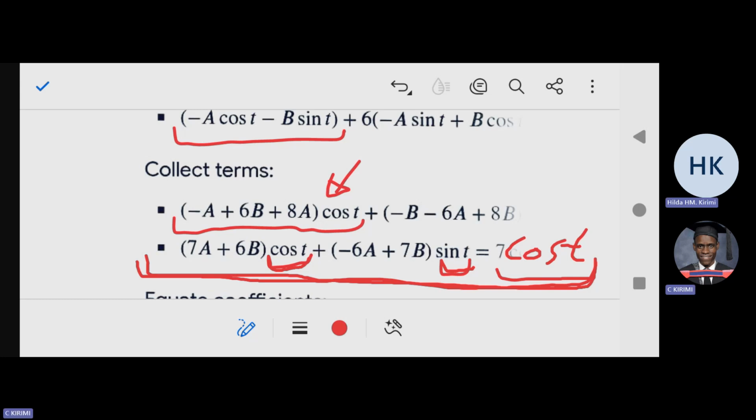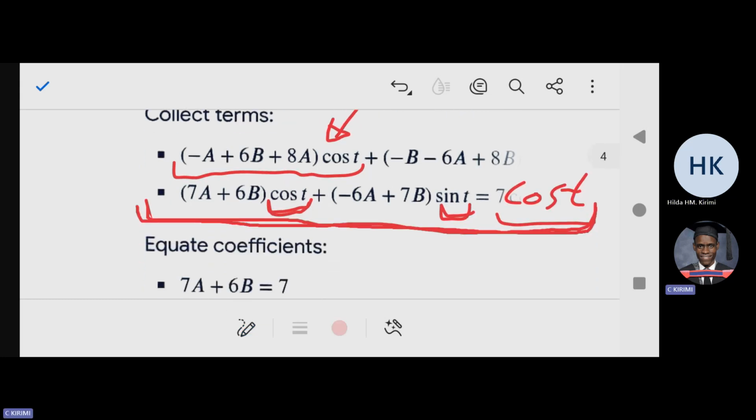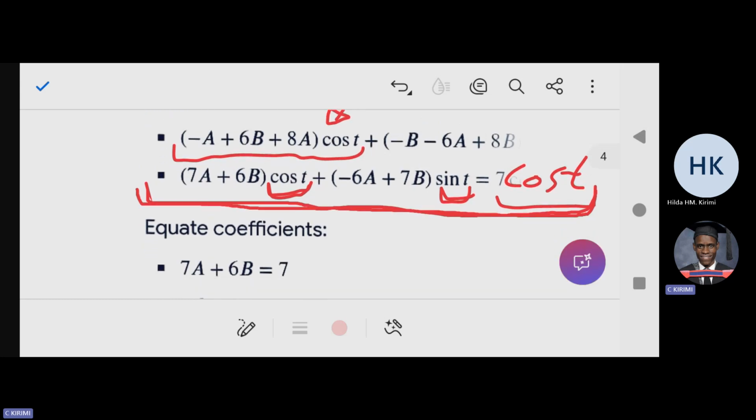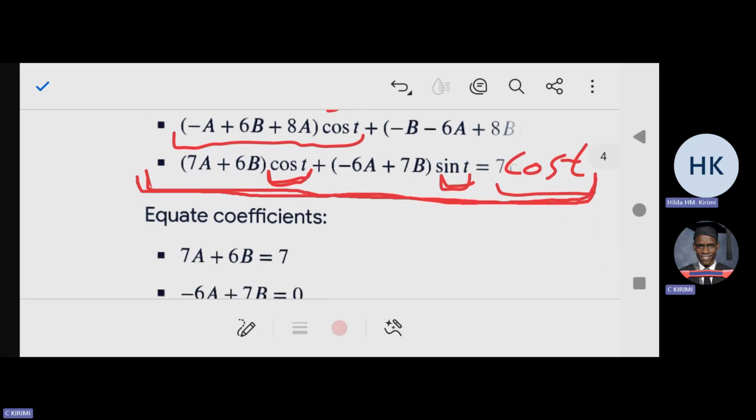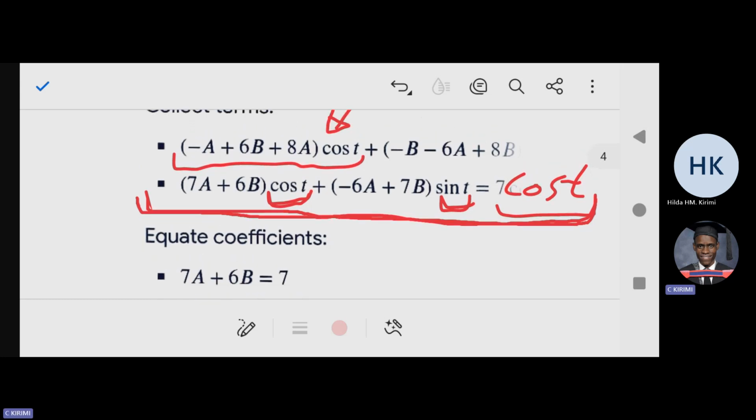Okay, let me help there. So you are equating, for example, here, you are solving for A and B, isn't it? So you equate those things which are having cos t together first. Just solve the ones with cos t, isn't it?